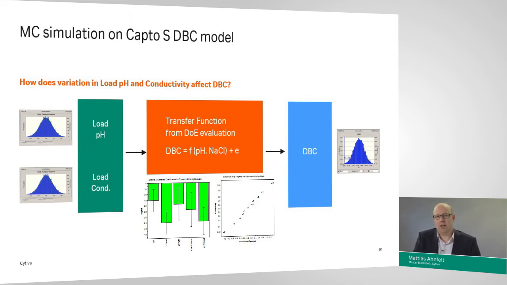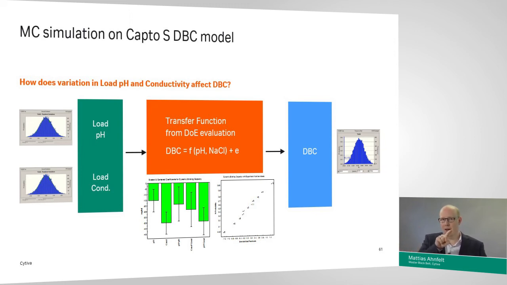How Monte Carlo works then is by randomly sampling from these distributions that we have on the process inputs. We sample individual points for the process inputs plus from the random variation, the residual variation. You take those points and you run them through the red box, the transfer function, to get one point estimate for the binding capacity. Then you repeat that.